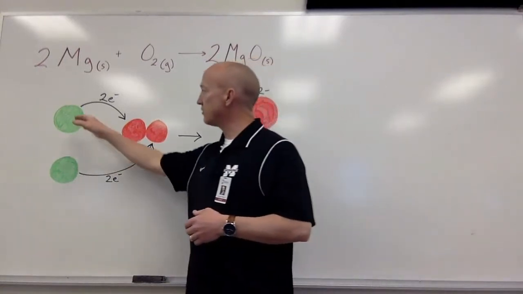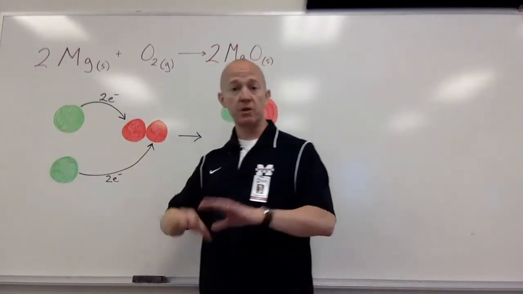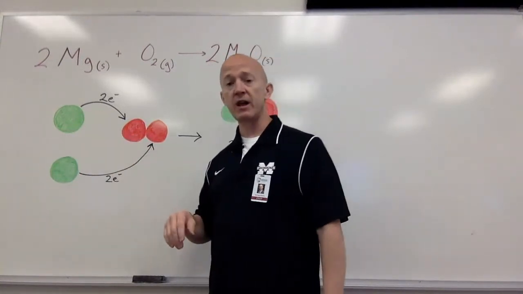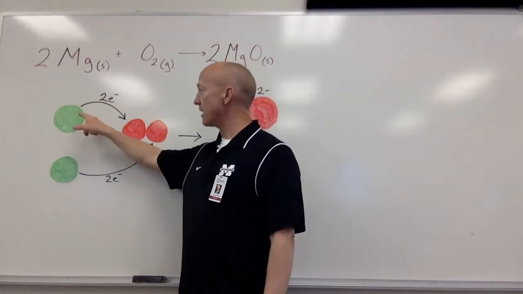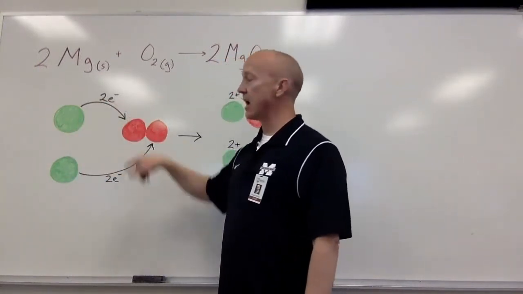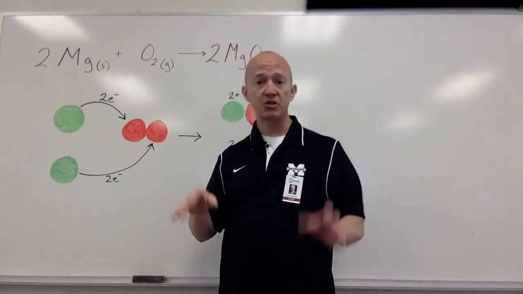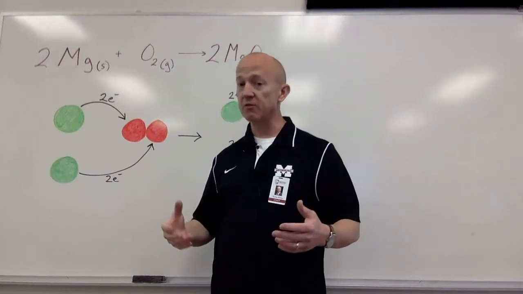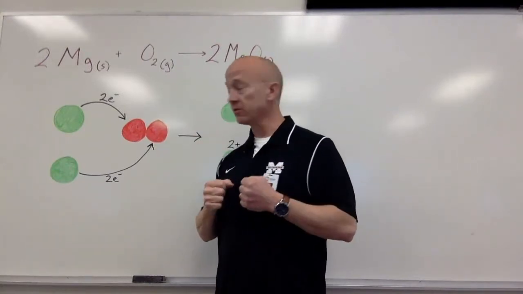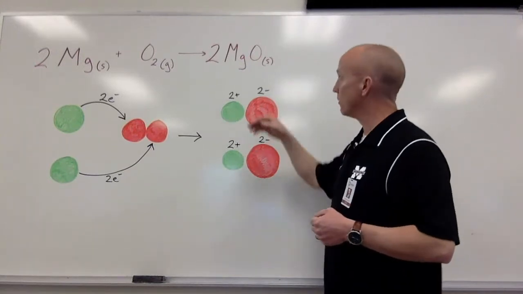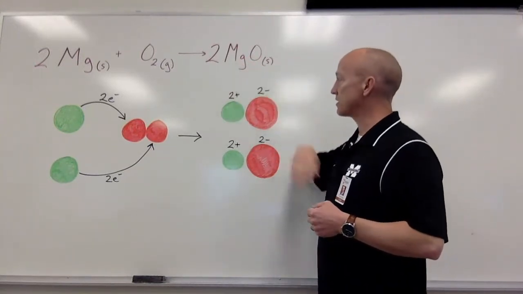So you can see we have 2 magnesium atoms with no charge at all, 0 charge. But during the process of the reaction, each of these magnesium atoms will give up 2 electrons to these oxygen atoms, where up until now the oxygen atoms had 0 charge as well. But in the process of the reaction, they accept those electrons, and in doing so we form ions that form the compound magnesium oxide.